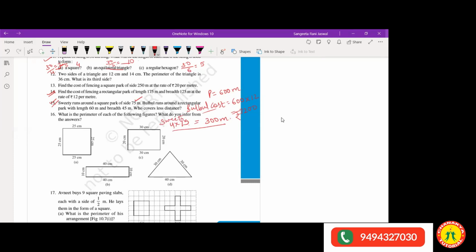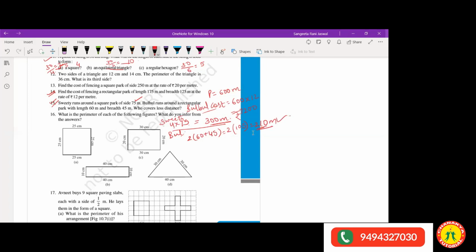And Bulbul is covering a rectangular park, means 2 into length plus breadth. Length is 60 plus breadth is 45. So this becomes 105. So that's 210. Ma'am, I added 4 to it. So Bulbul is covering less distance.